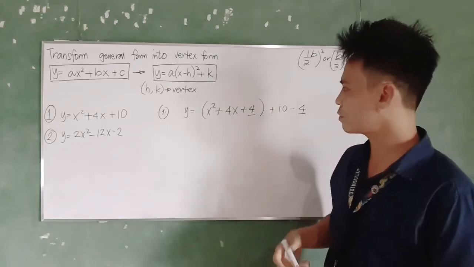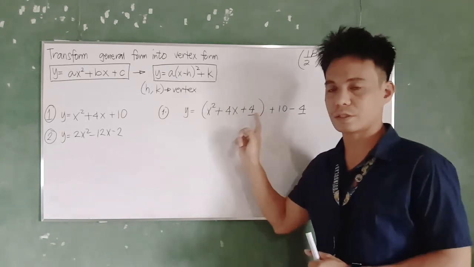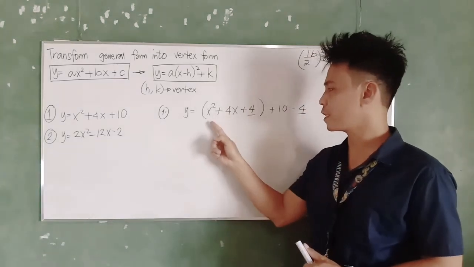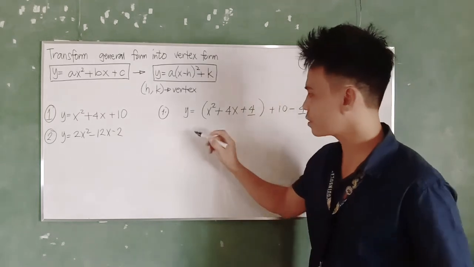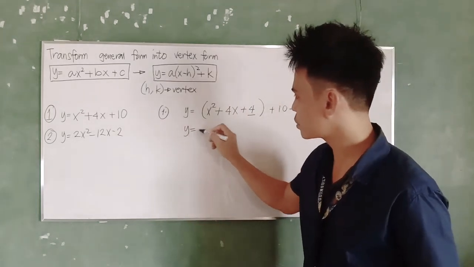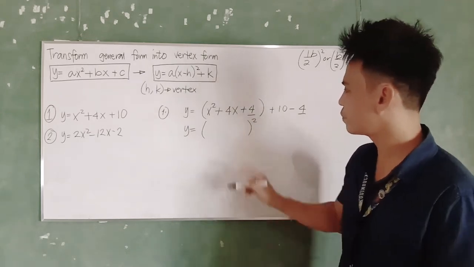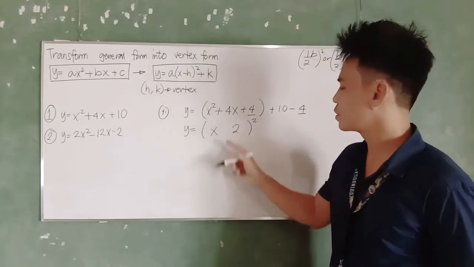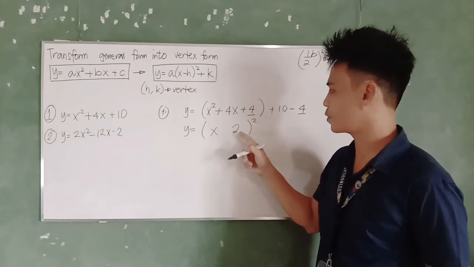So okay, so now since our variable x there is in perfect square trinomial, so gagawin natin is to simplify this one and factor out. So, mangyayari dyan, so we have y is equal to, this is squared, so this is x, and this is 2. So factors, square root of x squared is x, and square root of 4 is 2.